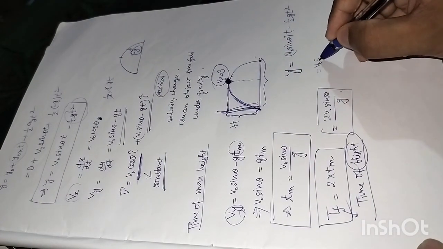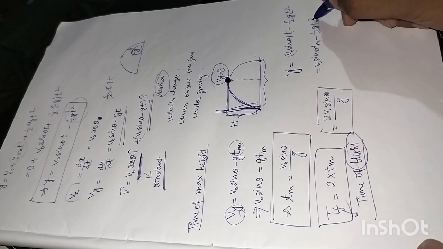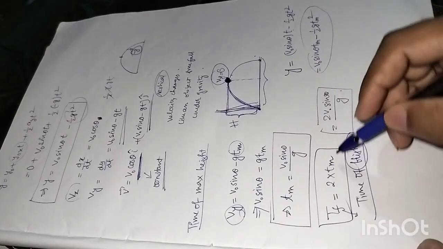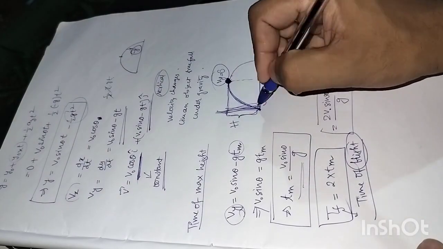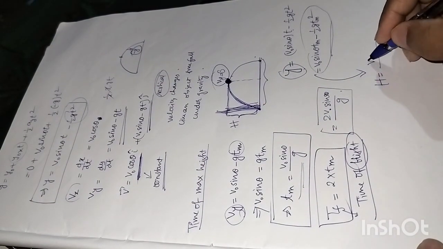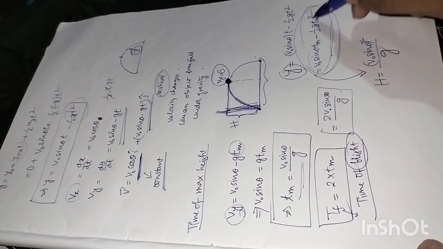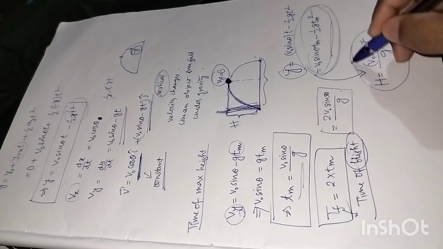So you simply write v naught sin theta t_m minus half of g t_m square. If we put the value of t_m here, this y displacement will be your h. So finally you will have h is equal to v naught sin theta whole square by 2g after calculations. I am not showing the calculation here, so this calculation will be your homework.